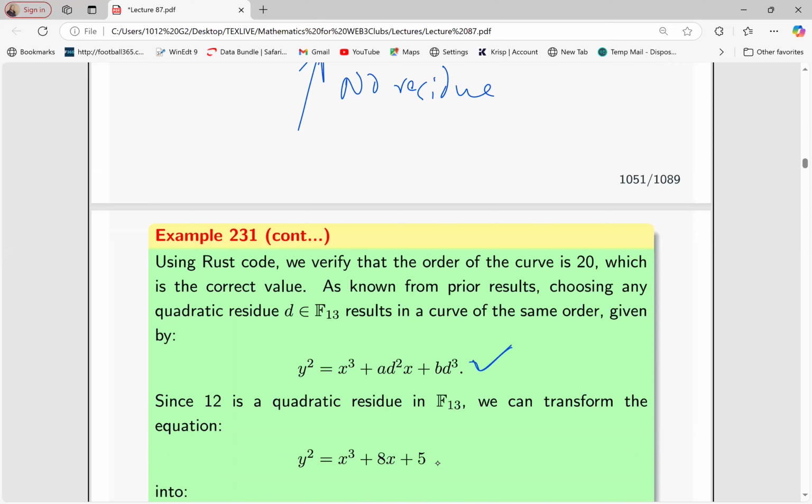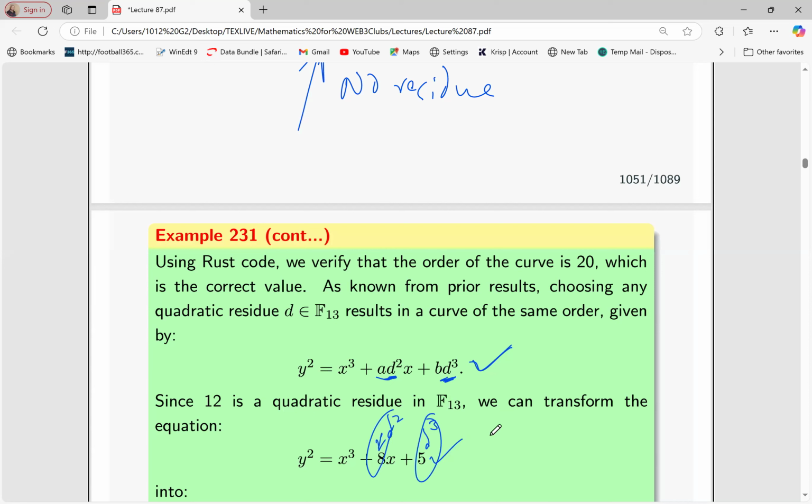And then you have your equation above multiplied by D squared where there is A, and multiplied by D cubed where there is B. So the equation that we have is this. You just pick a quadratic residue that has a square root.